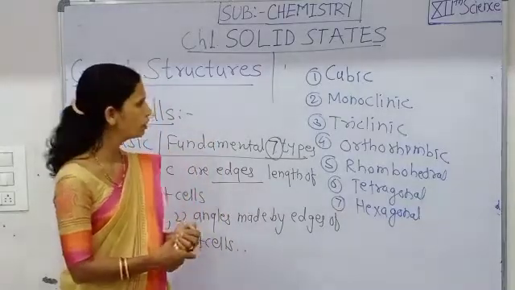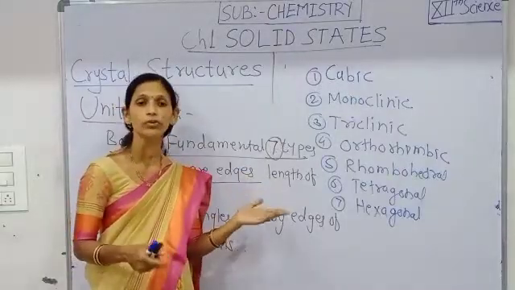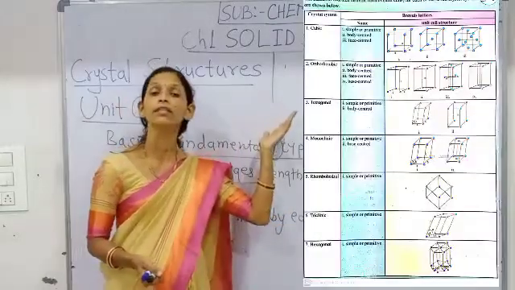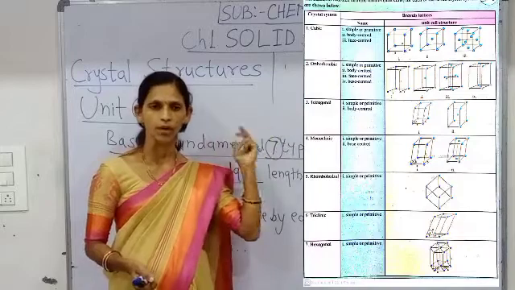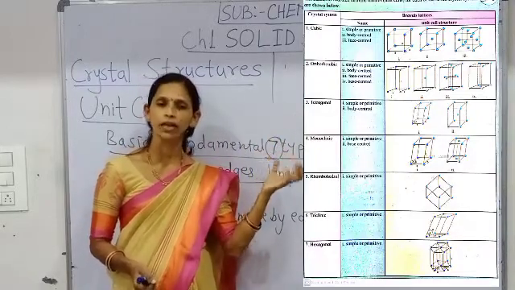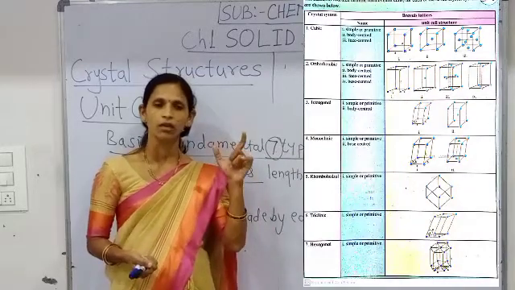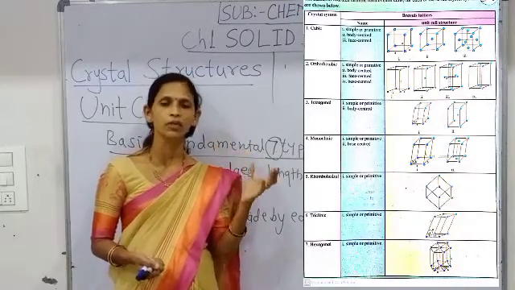First of all, we have to remember those 7 types of unit cells. See here in the table or chart, a total of 14 types of unit cells are given, along with the 7 fundamental basic units.